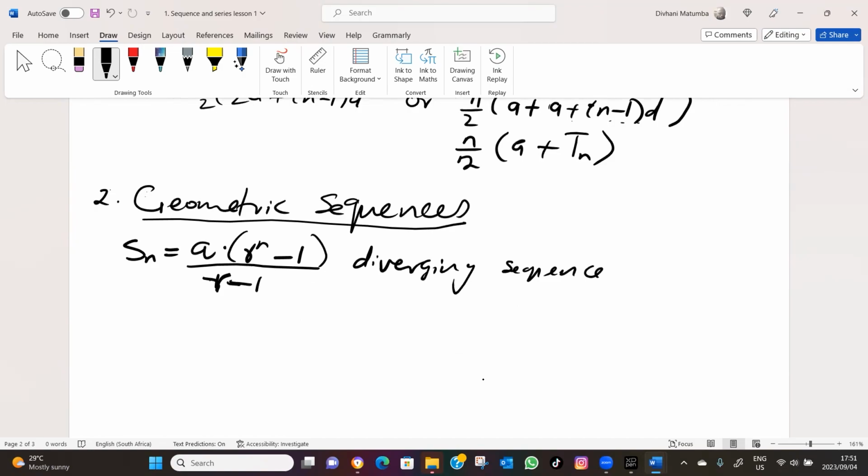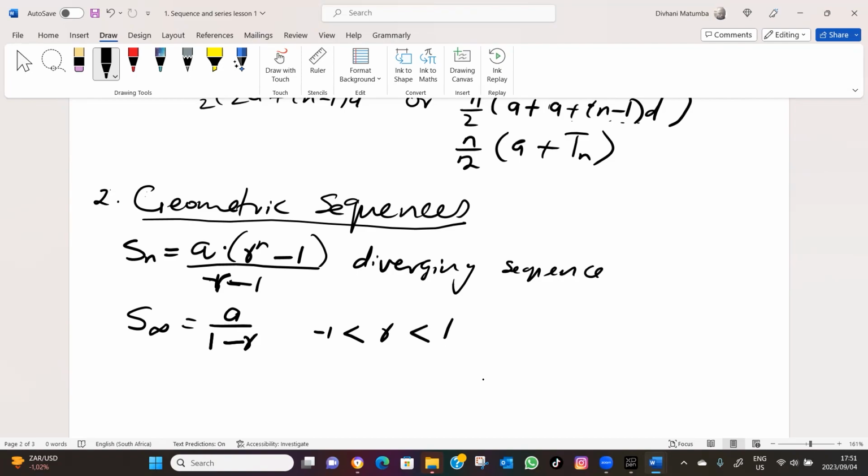Now, for a converging sequence, your Sn up to infinity is given by a over 1 minus r. So this is when r is between -1 and 1.